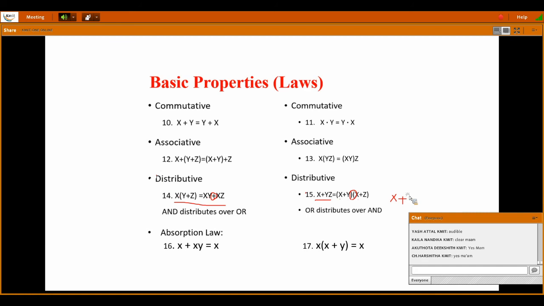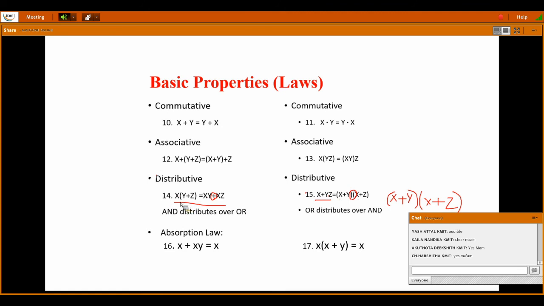It is nothing but multiplication, like in our general algebra, where we multiply the terms, taking out the brackets. So x plus y, and we need to consider the AND as the key operator, we can say. So (x plus y) into (x plus z). So this is the distributive law applied to this term. It will be like this.